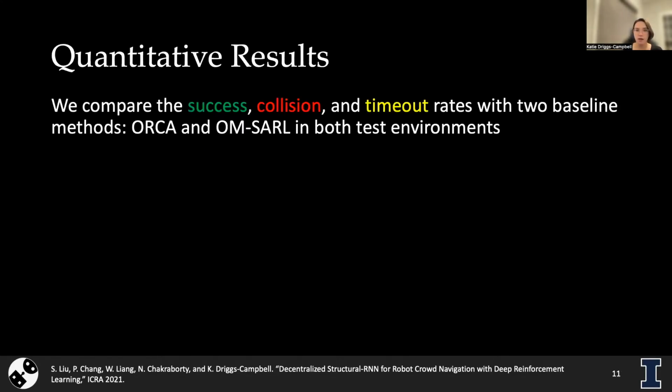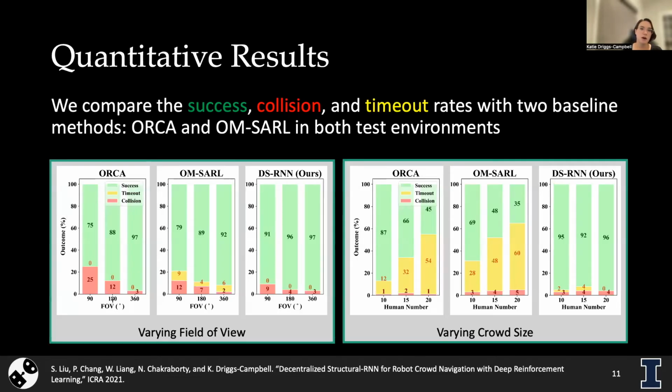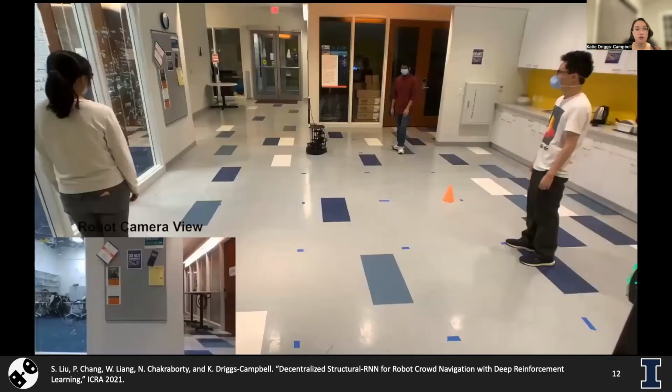Here are some baseline performances against the model-based approach and one of the state-of-the-art RL-based approaches. You can see in both the varying field of view case and in the increasing number of humans, we're able to get really good performance in simulation. We can also transfer this to the real world, where here we have the robot view, and here is a small crowd that the robot is going to navigate through.